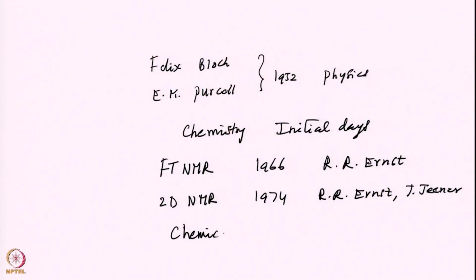While these were technological advancements, there were basic discoveries of various types like chemical shift, and this was discovered by an Indian scientist, S.S. Dharmatti, who was initially a postdoc at Stanford with Felix Bloch, and he joined Tata Institute of Fundamental Research in the 1950s. That was the time when the chemical shift was discovered.